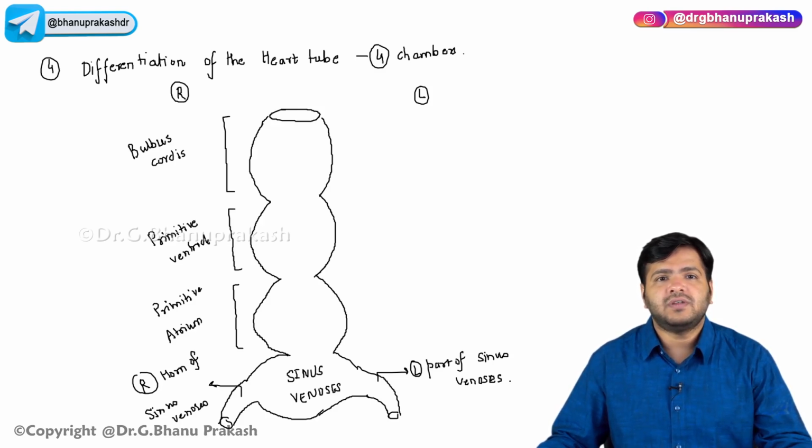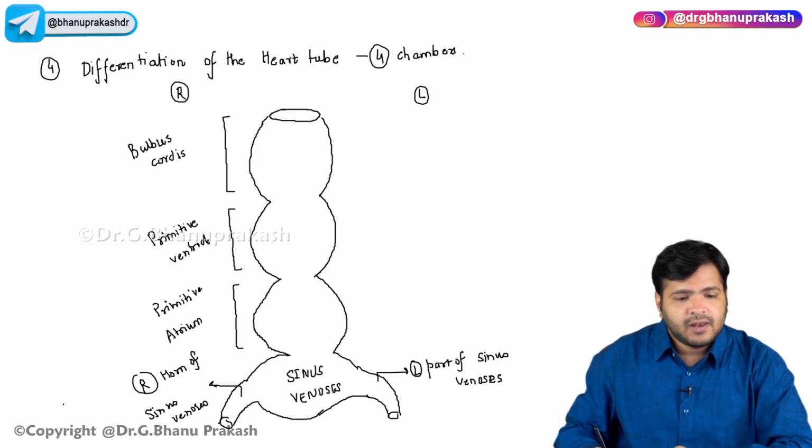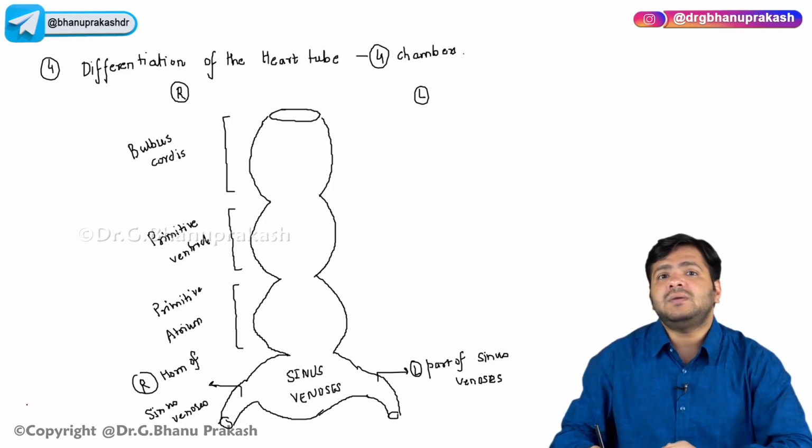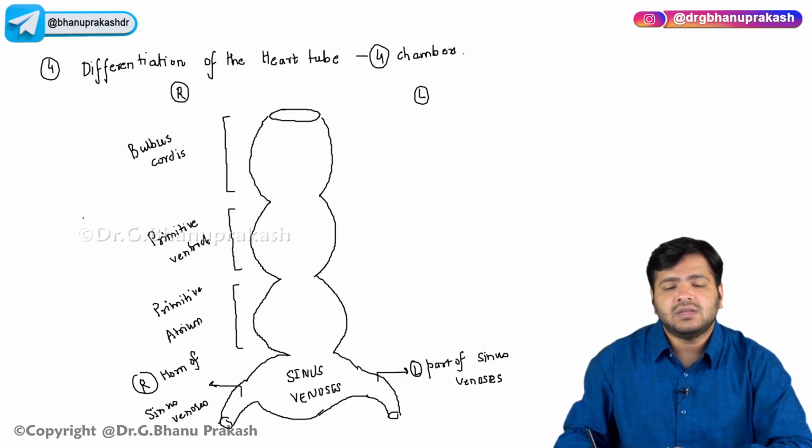So remember over here that the bulbus cordis is divided into three parts.